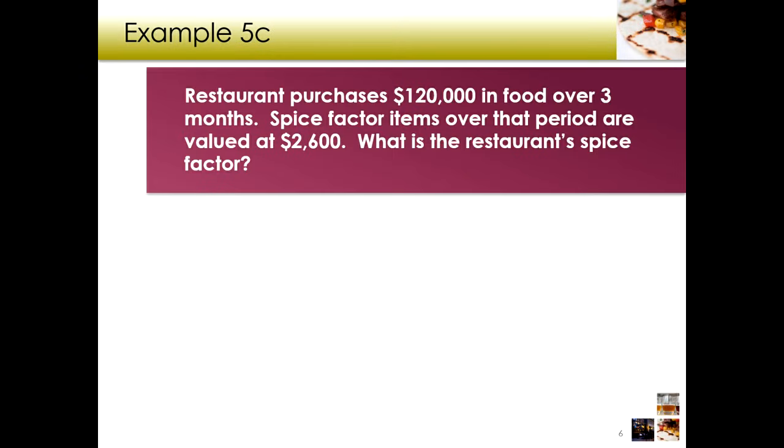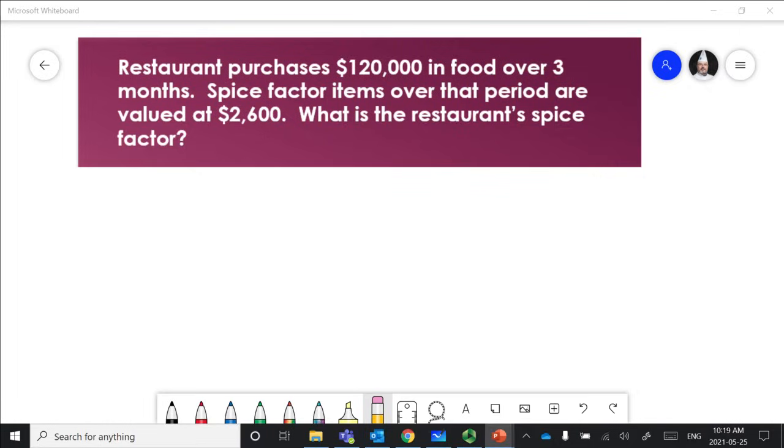So a restaurant purchases $120,000 in food over 3 months. The spice factor items over that period are valued at $2,600. What is the restaurant's spice factor? Well, the question has already told us what we spent on food, right? Let's use the blue.